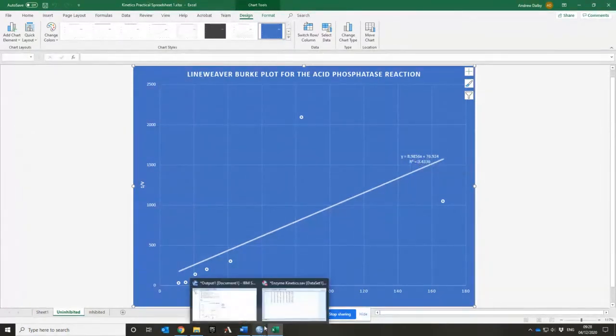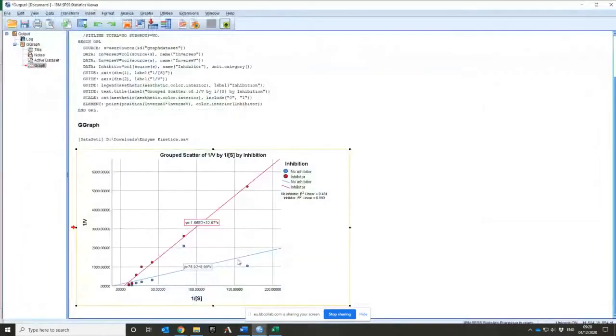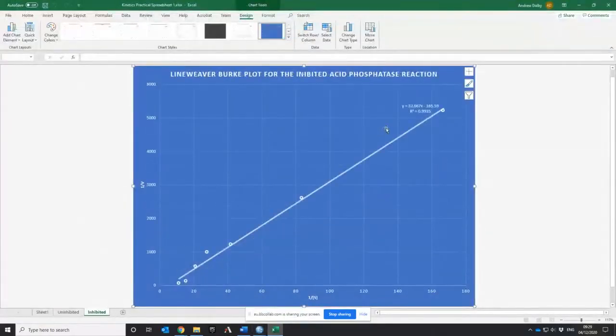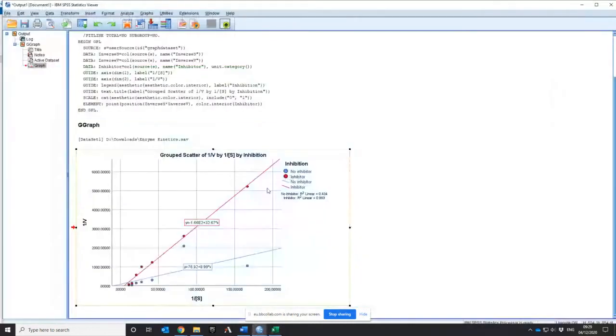So I'm getting exactly the same numbers. And then if you look at the other one, the red one, that is 1.66 times e to the 2, so it's 166 plus 32.67x. And if I go back to the other one, it's 165.59, so 166 plus 32.66. So it's exactly the same thing.